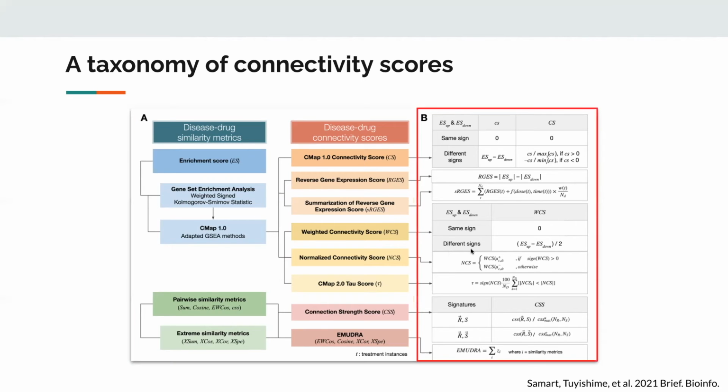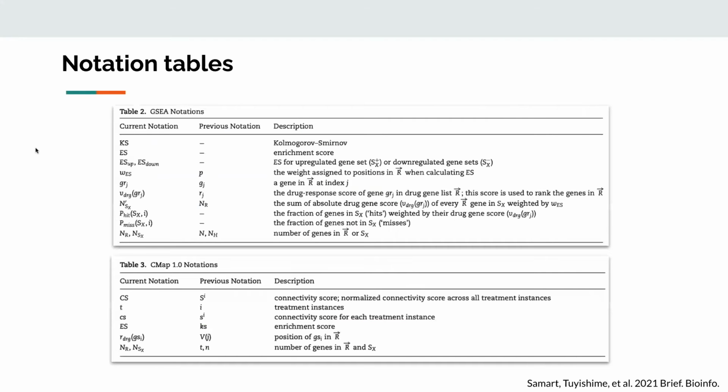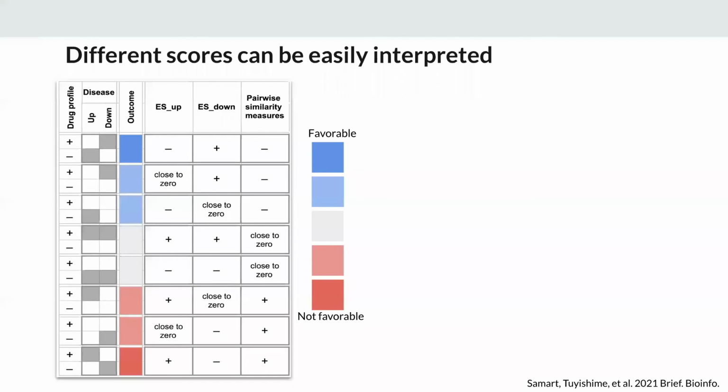Then in panel B, we have the fundamental mathematical formulation for each of the connectivity scores redefined using our new notation. To ensure that everyone reading our work can relate our new notation to the previous one in the original study, we also provide a notation table like this for every single approach.